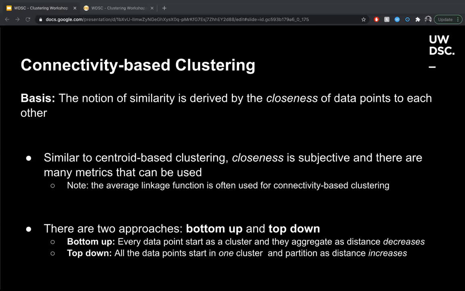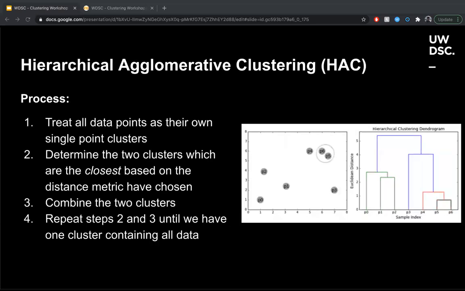With bottom-up, you start off with every data point as its own cluster, and clusters group together as the distance between them decreases. And the opposite with top-down: all the data points start in one cluster and partition as distance increases. Hopefully it will make a bit more sense with this animation.